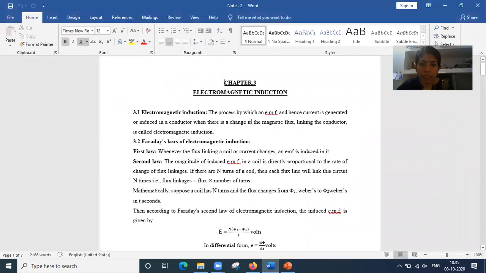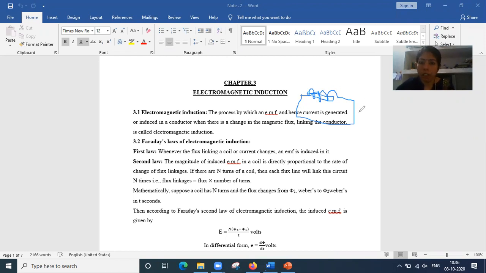The process by which an EMF and hence current is generated or induced in a conductor when there is a change in magnetic flux linking with the conductor is called electromagnetic induction. If the coil is a closed path and we place a magnet inside it, the change in magnetic field due to the movement of the magnet will produce an electromotive force, or voltage, in the coil.